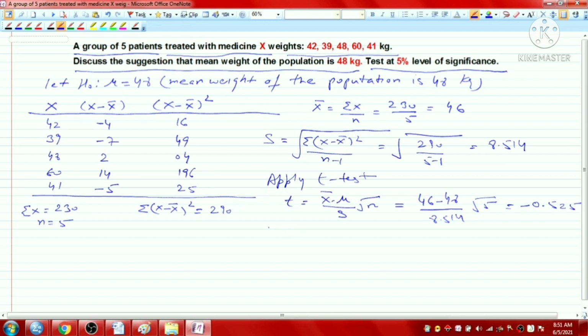So the calculated value of t is minus 0.525.